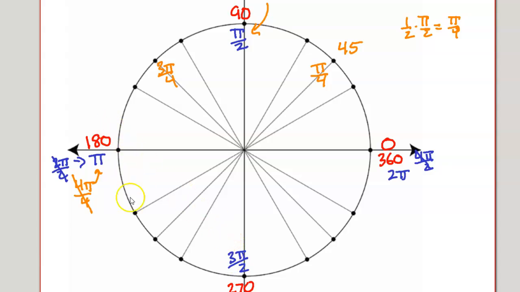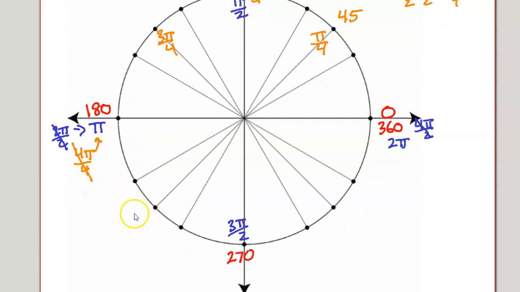All right, and just keep it going. Now we got 5 pi over 4. We got 6 pi over 4, which 6 over 4 reduces to 3 over 2. So you can see there's a pattern in how all these agree with one another. It's not just like, well, just memorize it and just know it the way it is.